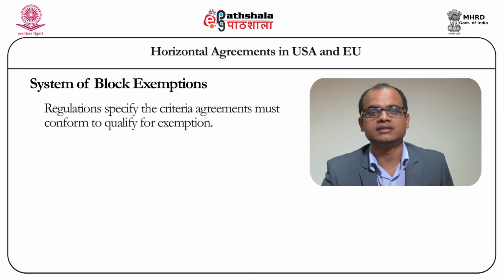So there are sector-specific guidelines given by the Commission, and if the agreement falls under that criteria, that agreement falls under the exemption. So this also needs a very detailed analysis of the agreement and whether it falls under that specific exemption.